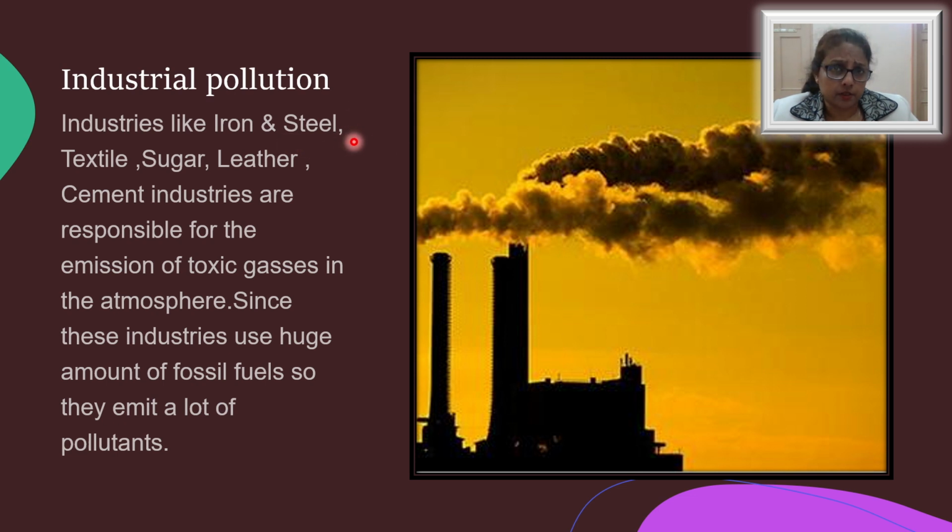Iron and steel industry is responsible for adding a lot of heat into the streams or rivers nearby in order to cool the iron. Similarly, textile industry uses huge amounts of water, and the dyes or the colors which they use for coloring the yarns are also very toxic.